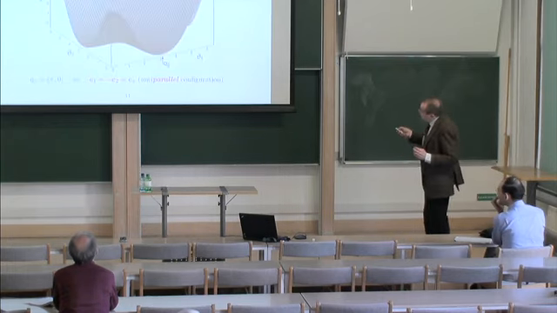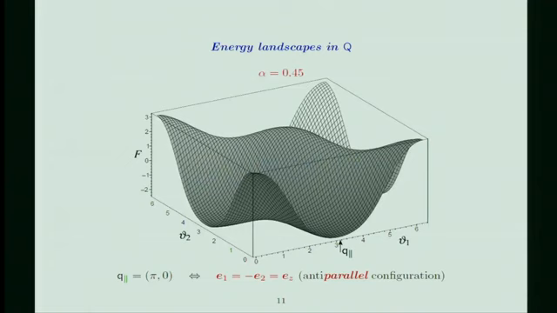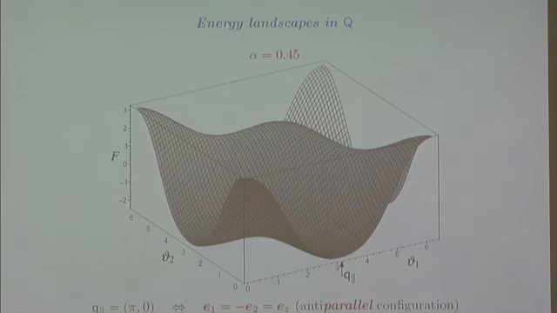And this, maybe a little bit more telling, would be the energy landscape on the critical manifold. Of course, it is easy to see that this landscape enjoys a 4-fold symmetry, and actually this would be the minimum in this case for alpha sufficiently small.